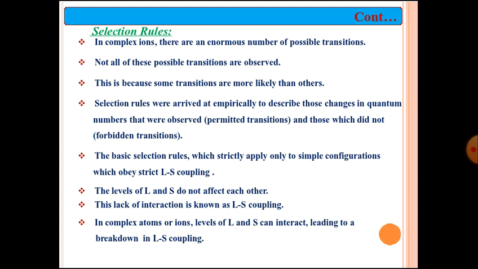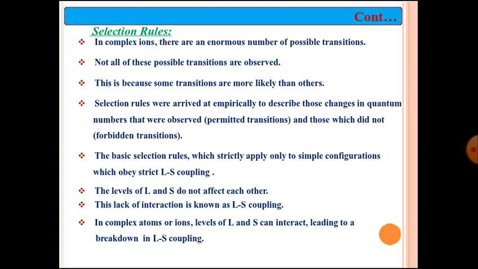The basic selection rules strictly apply only to simple configurations which obey strict LS coupling, where the levels of L and S do not affect each other. This lack of interaction is known as LS coupling.